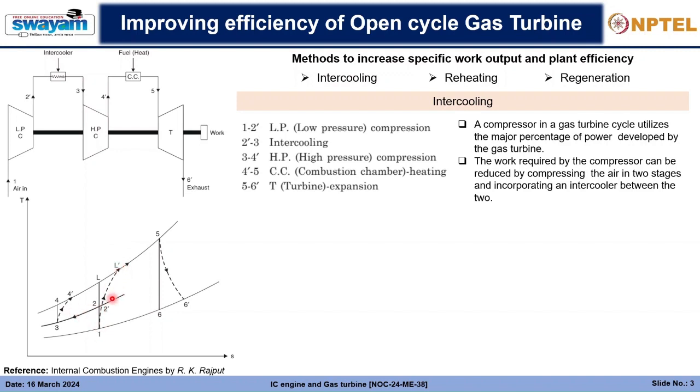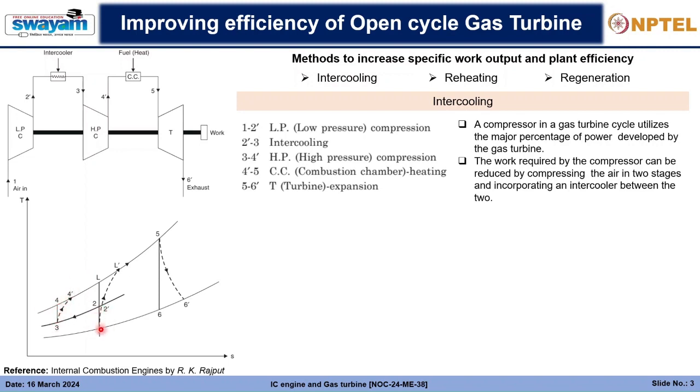But since we are having two compression stages and an intercooling intermediate stage, first there will be a compression from 1 to 2 dash, and from 2 dash there will be intercooling, and the temperature will be reduced to 3 at a constant pressure, and after that there will be again a compression stage, 3 to 4 dash.